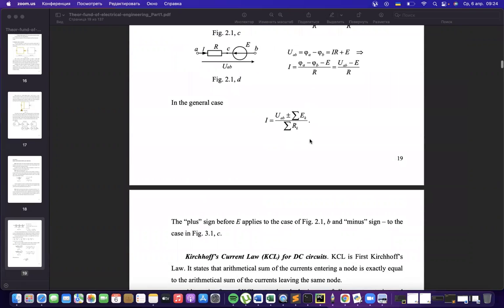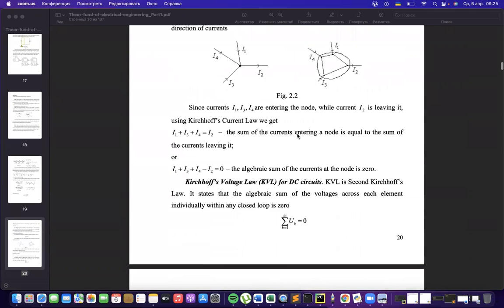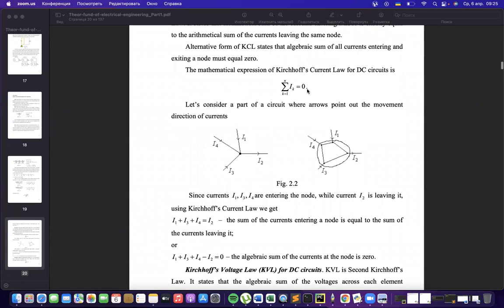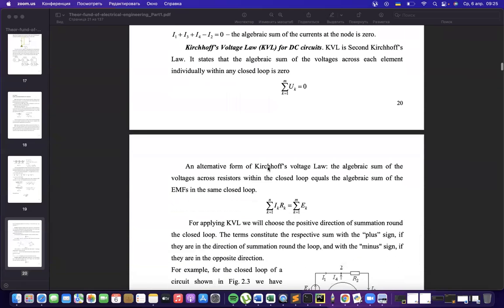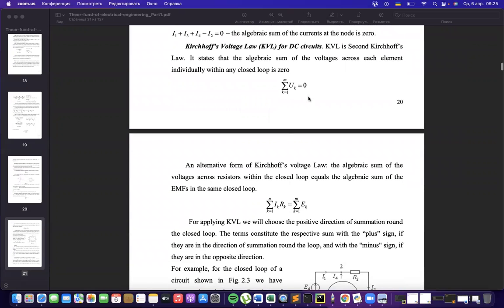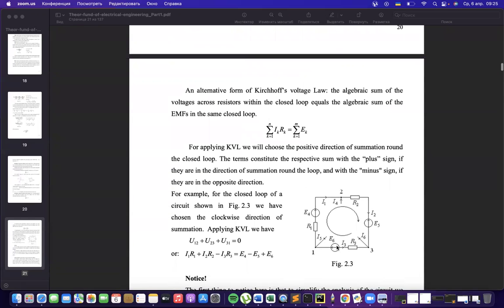Additionally to Ohm's law, we are using Kirchhoff's laws. Kirchhoff's law about current says that the total current inside some point or some area should equal 0. All currents that flow into this area equal all currents that flow out of this area. And the same law about voltages says that the total voltage inside a closed loop equals 0.